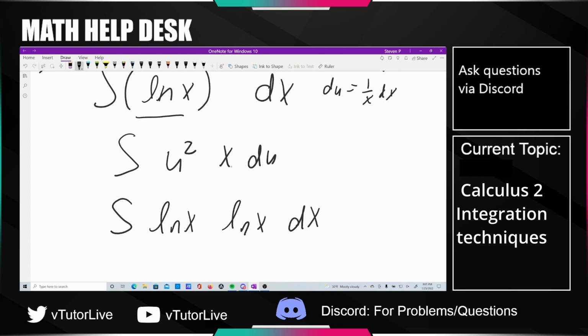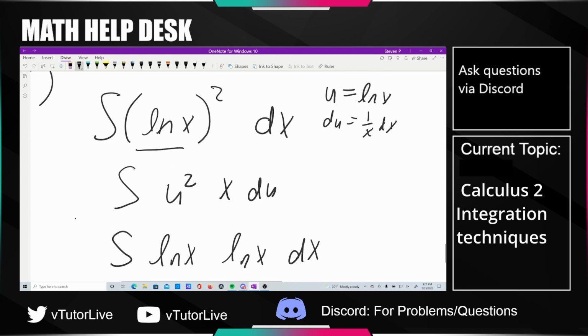Once you get to that point, the U-substitution is already kind of a dead end here. The fact that we've already chosen the U-sub and there's not really any good way to express everything purely in terms of U, I would say give up on that method and try something else.